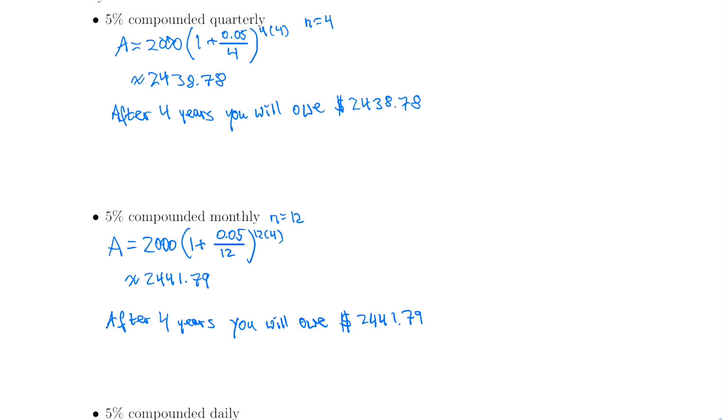Now if you look back at our previous answer, you will notice that there's a slight increase of about $3, and if you remember the number before that, for annually it was $2,431, so that was a $7 increase to quarterly. And now even though we compound monthly, that means quite a bit more times, 12 times instead of just 4 times, we're really only getting $3 more out of that, right?